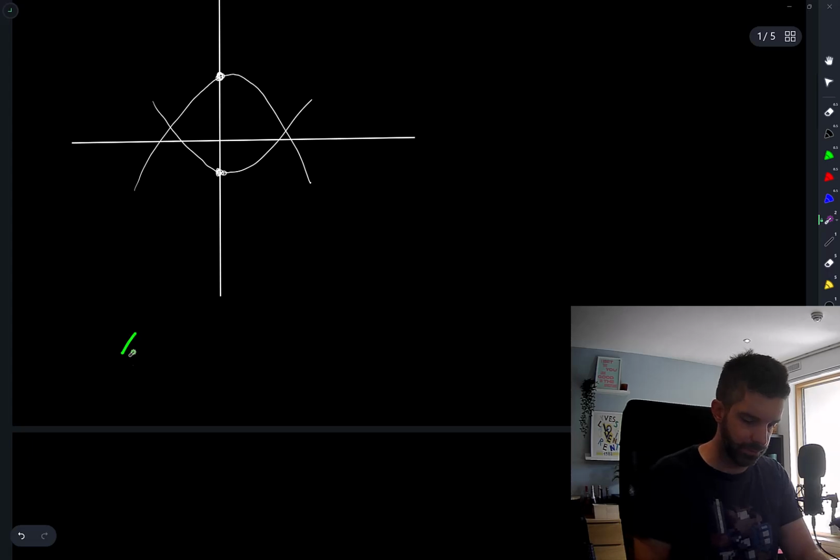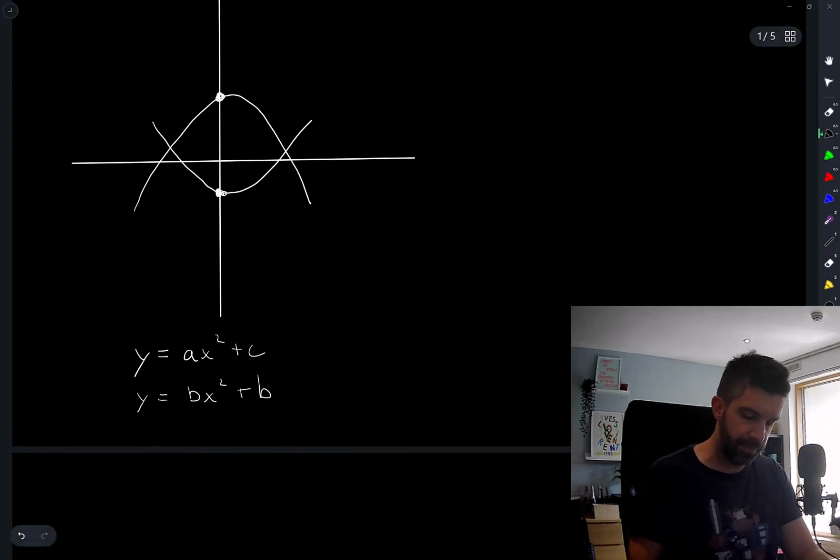Okay, so let's write out what the two things are. I have y equals ax squared plus c, and y equals bx squared plus d.